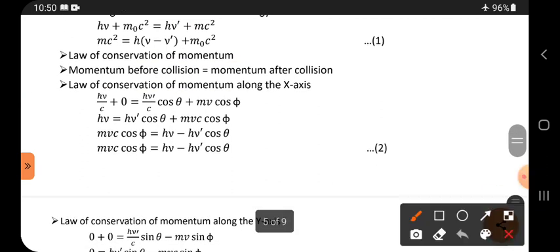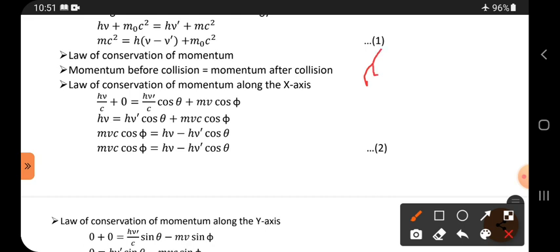Next, law of conservation of momentum. The momentum formula is the same as for energy: momentum before collision equals momentum after collision. But here one difference we have to observe between energy and momentum.